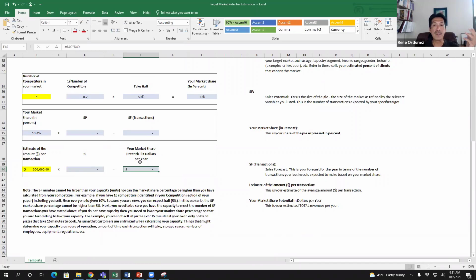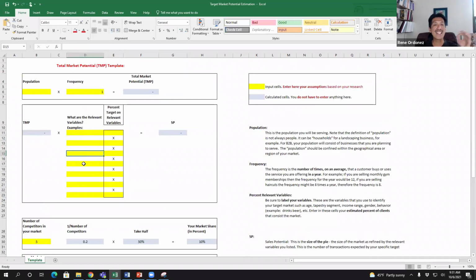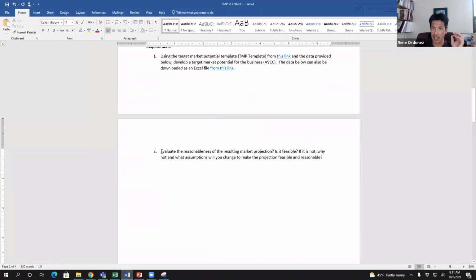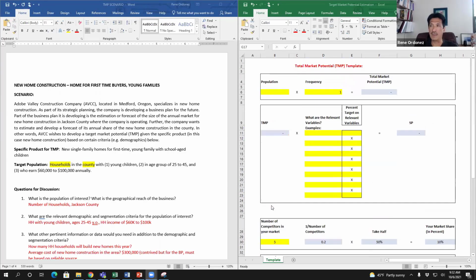On the other side, sometimes if you overstate your criteria, that could make your target market potential too small, so your financial feasibility will not be there. So it is always good to evaluate. Once you have entered all your numbers, look at the final numbers and see if they are reasonable or feasible. So let's start here.